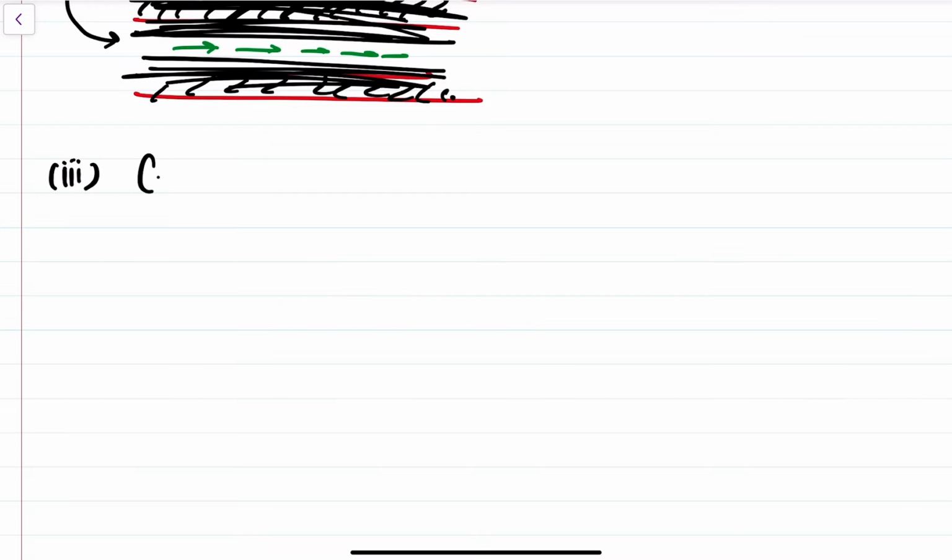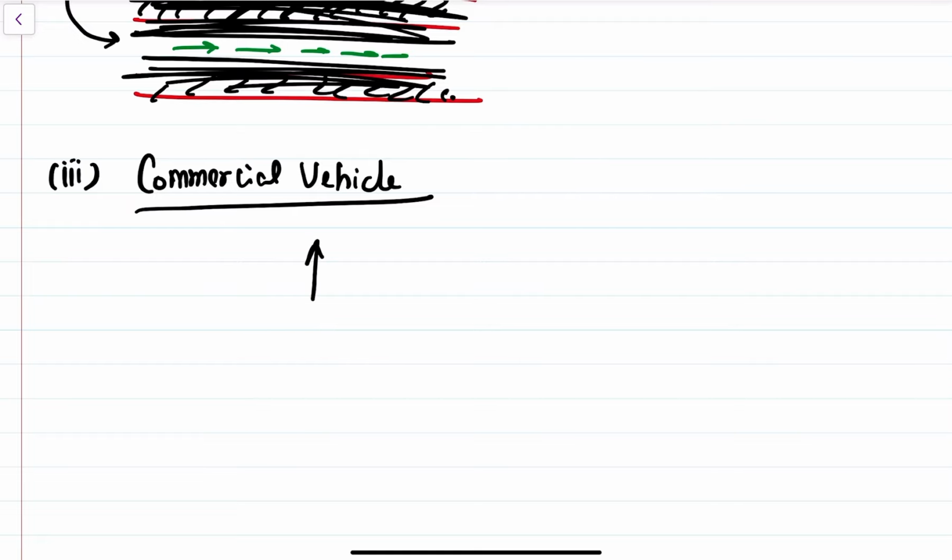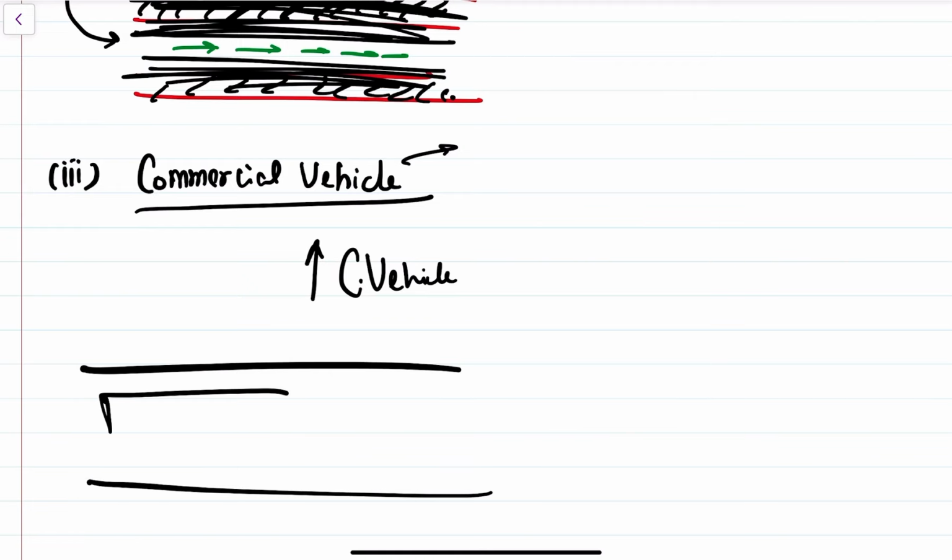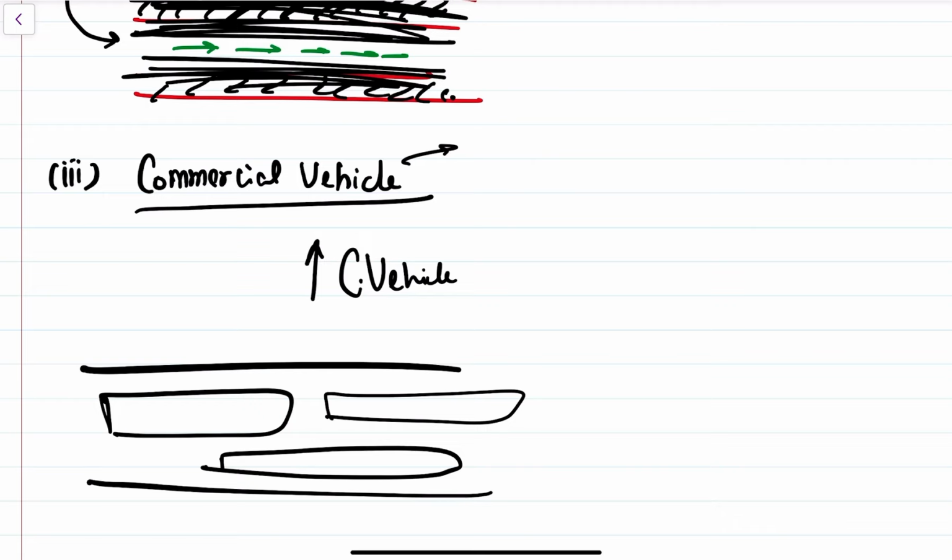Third is the commercial vehicle. If the number of commercial vehicles increases, meaning tandem tractors and tandem trucks, right? If we increase the volume of commercial vehicles in a road section, the practical capacity will decrease.